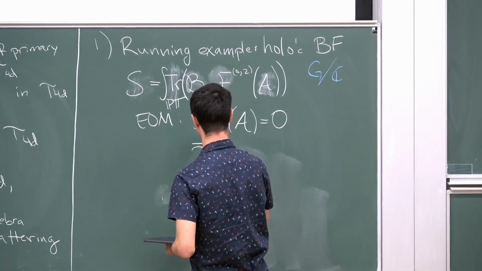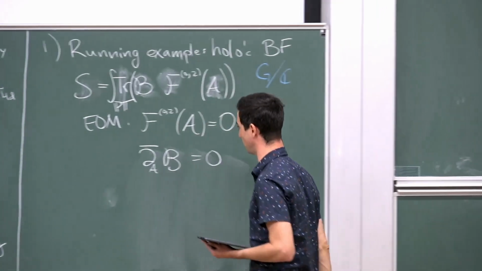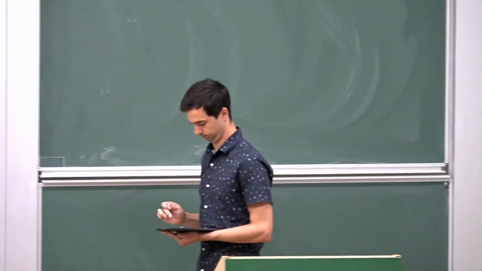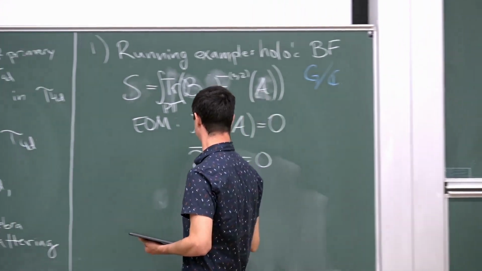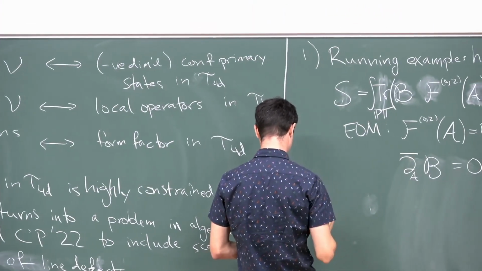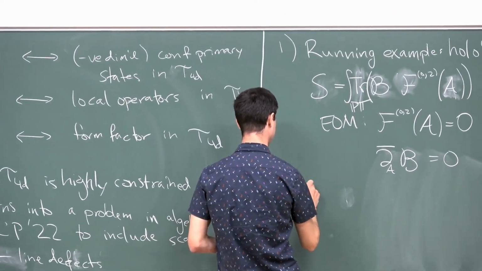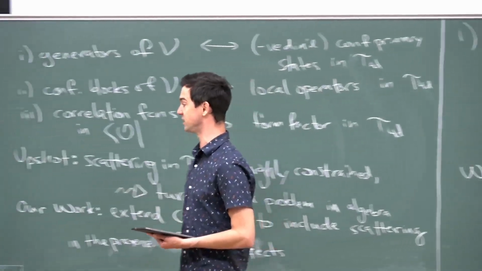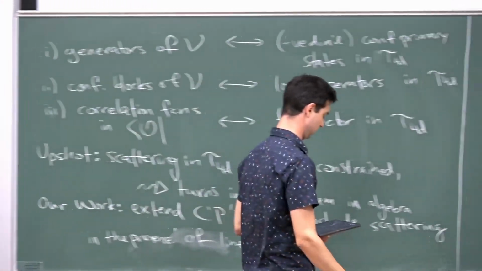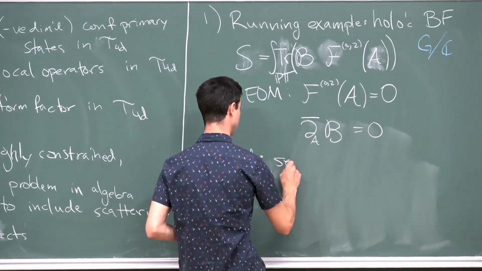It's a holomorphic section of this holomorphic G bundle. And so Ward tells us that the corresponding 4-dimensional theory, T4D in this case, is simply self-dual gauge theory.